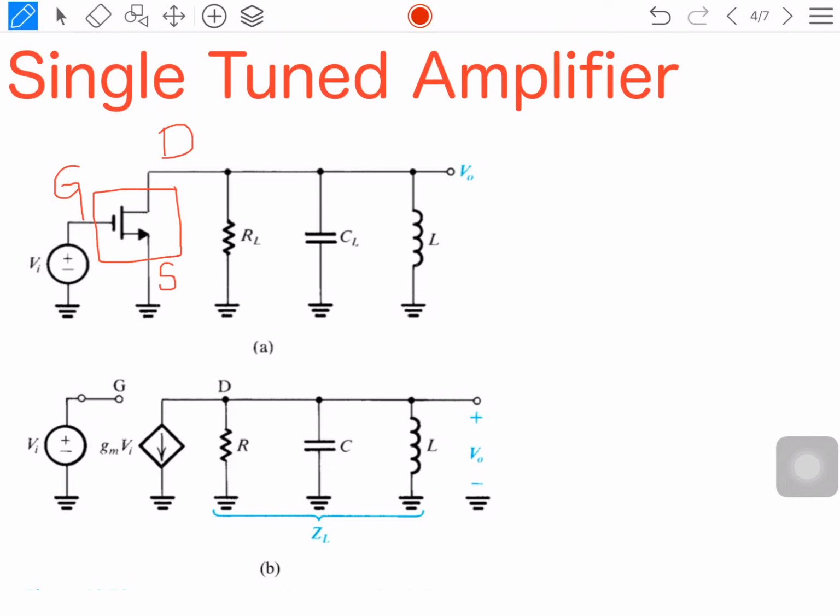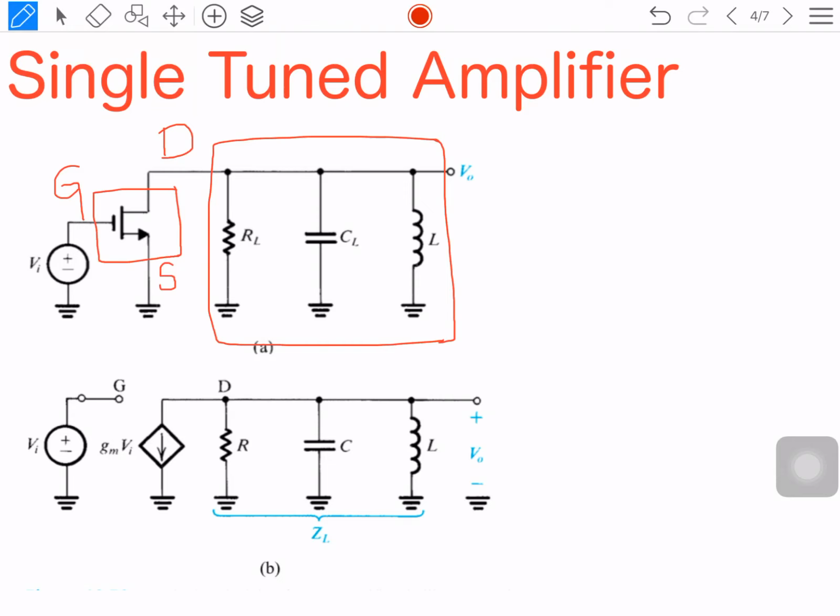Now, as already said, for an amplifier to be tuned, I need to use a parallel tank circuit having three passive elements: resistor, inductor and capacitor. This can be placed at the input side or the output side. In this case, I have placed it at the input side. As only one tank circuit is used here, it is called a single tuned amplifier.